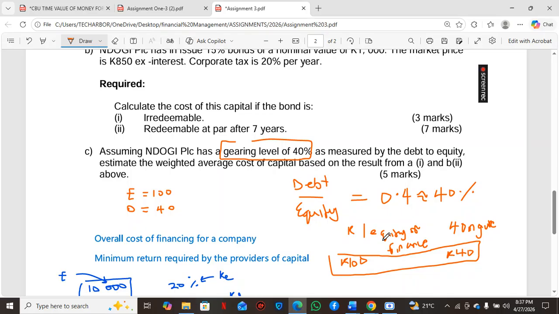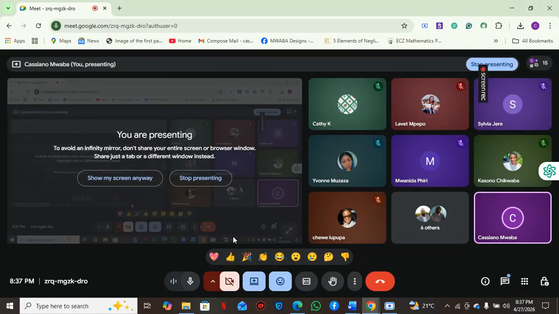So a gearing ratio tells you how much debt financing a company uses. If you say a gearing level of 40%, you can assume that for every one kwacha of equity financing, the company is using 0.4 kwacha of debt financing, because you're comparing equity financing to debt financing.